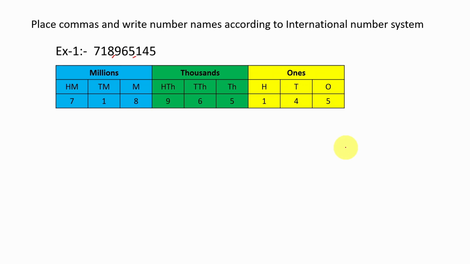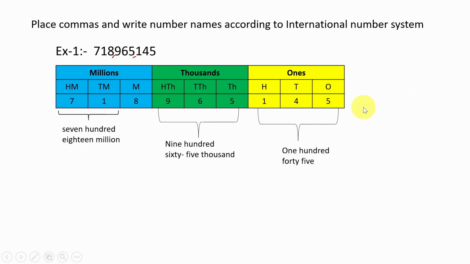Next, how to write number names. See, how to read this one? 718 million. Here 965,000, because this is millions place, this is thousands place. Thousands period, because this is millions period, this is thousands period.